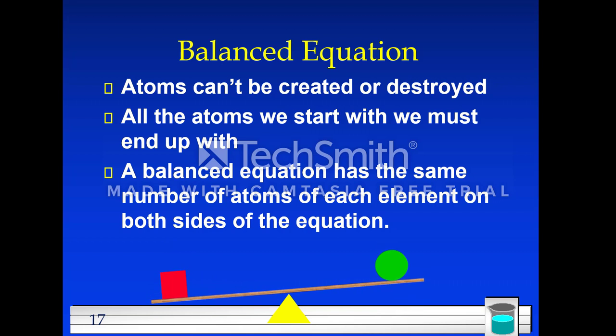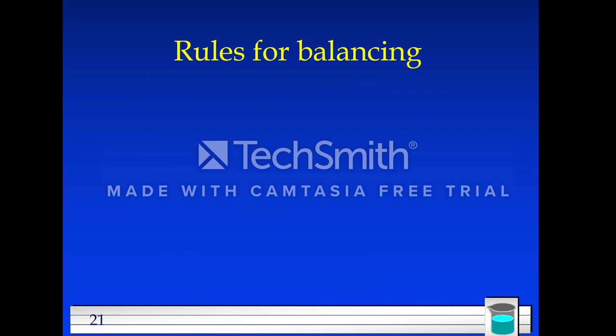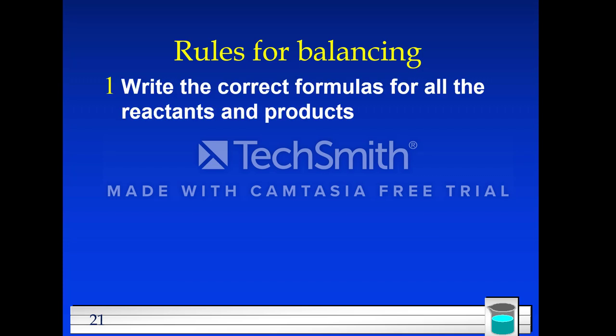So to summarize what you guys did yesterday, to balance an equation, it says rules, it's techniques, but I'll point out a couple of mistakes people make. First, write the correct formulas. That's why we need to be able to write formulas, because if you write the wrong formula, you'll be unlikely to be able to balance it.